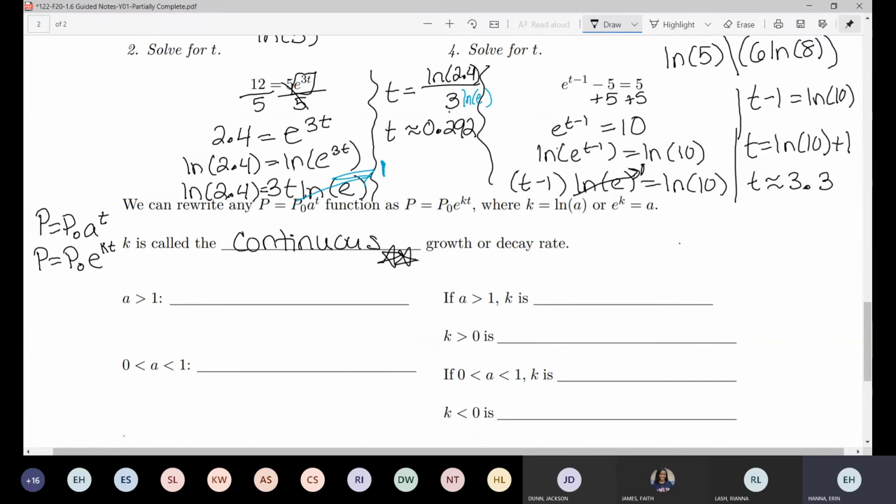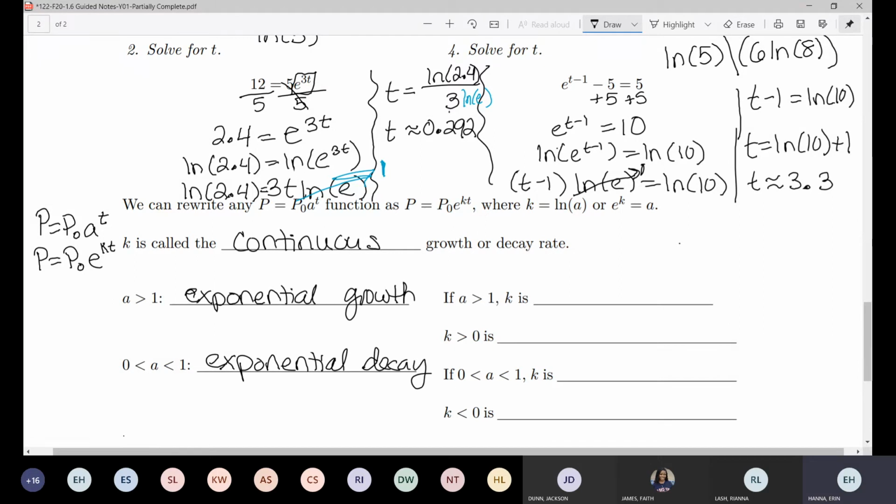Now remember way back when we were starting to talk about exponential functions, we kind of had two options, growth or decay, and it depended on what your a value was. So if your a value is greater than 1, we had exponential growth. And then if a is between 0 and 1, it was exponential decay.